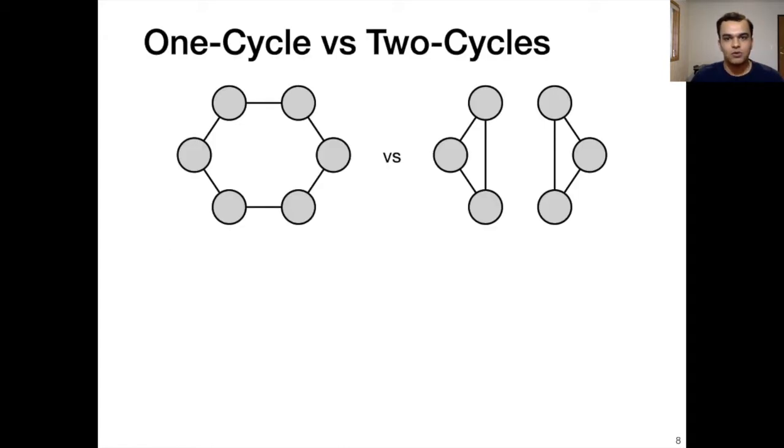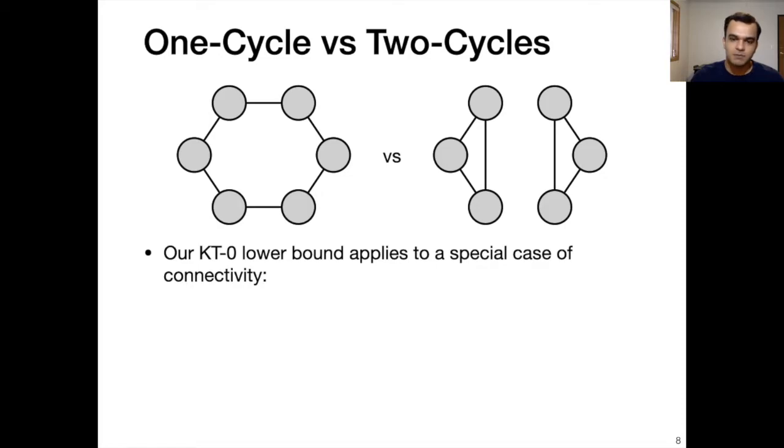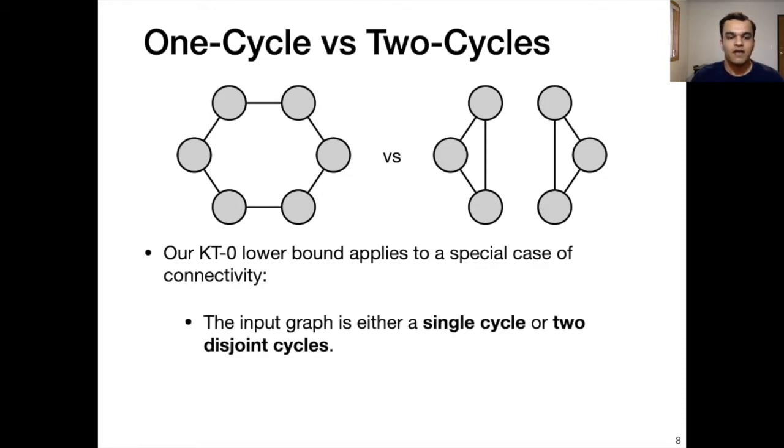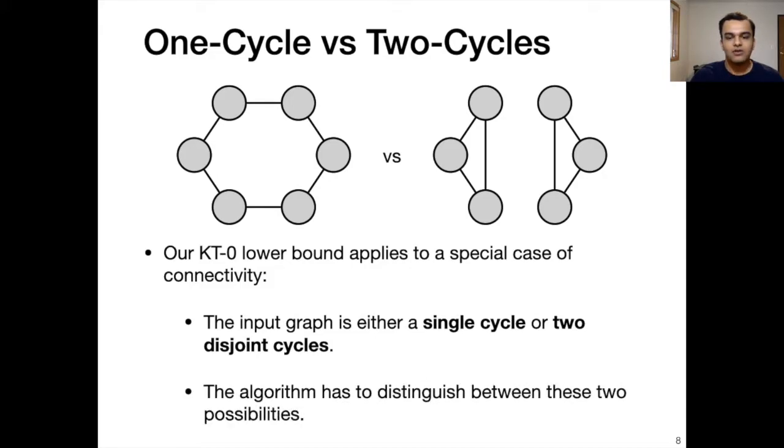Our KT0 lower bound works for the special case of one cycle versus two cycles, which is a special case of connectivity where the input graph is either a single cycle, as shown on the left, or two disjoint cycles, as shown on the right. The algorithm has to distinguish between these two possibilities.